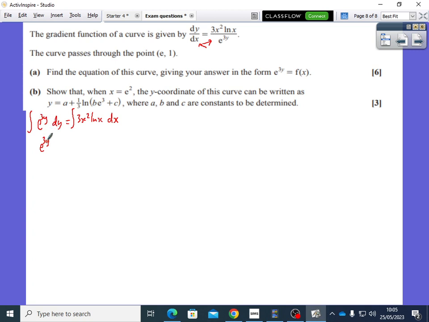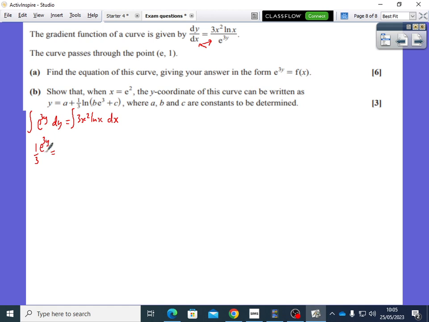But when you differentiate this, you're also going to differentiate the power. So when you integrate in reverse, you're going to divide by the differential of this power, which is a third. And when you're adding c, you only need to add c to one side, so I'm just going to add it on the right hand side when I've done that bit. So that's there, done. That's easy.